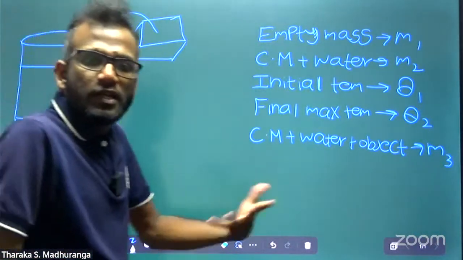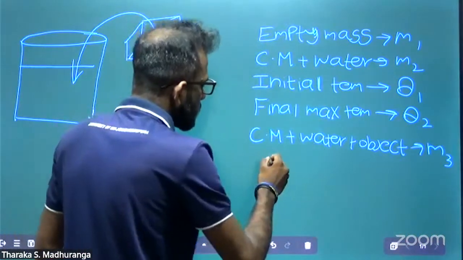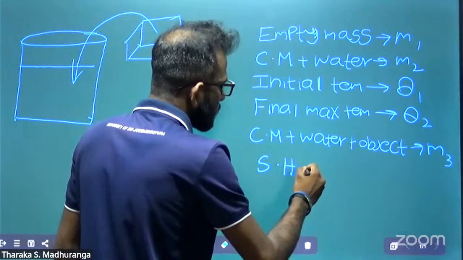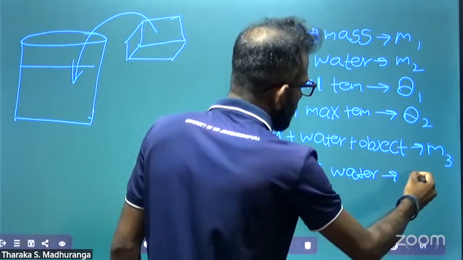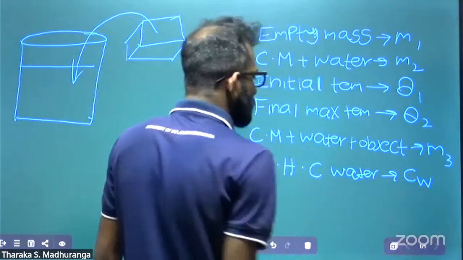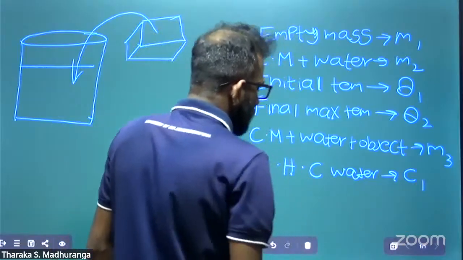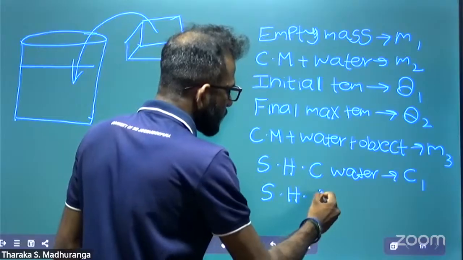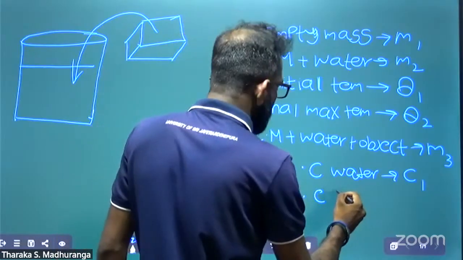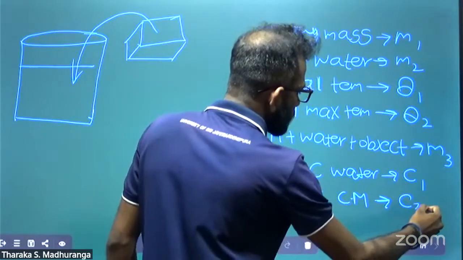Another piece of data we need is the specific heat capacity of water, which we call CW, or C1 or whatever. The specific heat capacity of the calorimeter is C2.